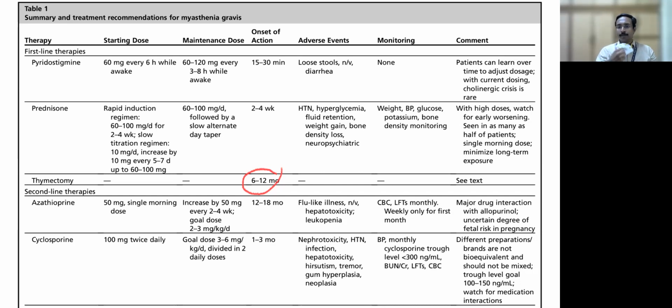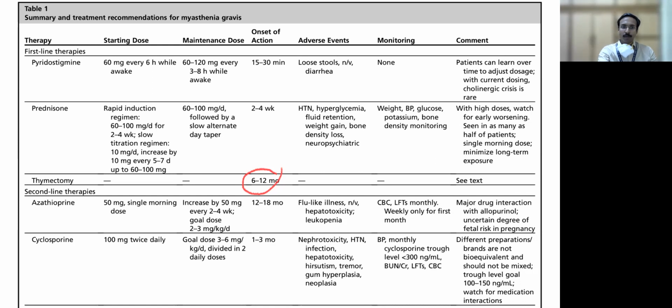We find that in those patients who have a thymus, they have multiple germinal centers indicating active B cell production. They have loss of central tolerance, and that is why they have these self-reactive autoantibodies which are produced. So we feel that if you remove it, there are randomized controlled trials also, in NEJM in 2017, which have shown that in a select group of patients, young individuals with difficult to treat generalized myasthenia gravis, who have not been adequately well controlled with good, adequate dose immunotherapy, there is a case for thymectomy even in those cases also.